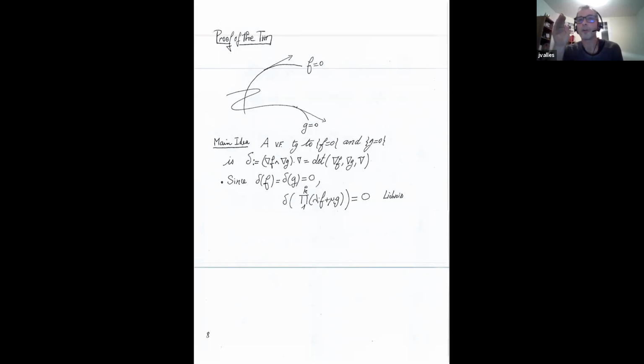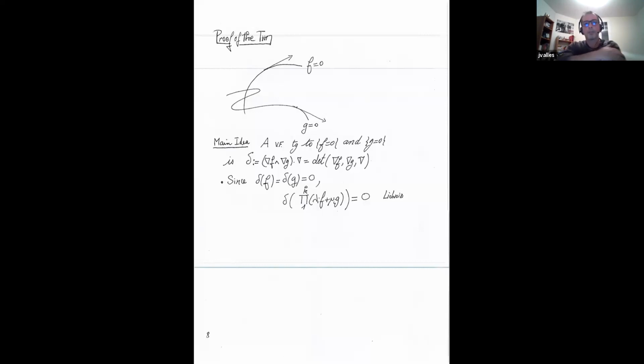So in C3 you are looking for a vector orthogonal to nabla F and to nabla G, and this vector is naturally nabla F wedge nabla G, given by the 2x2 minors. If you define the derivation as the determinant of nabla F, nabla G, delta, applied to F or to G or to any linear combination of F and G, it is always 0.